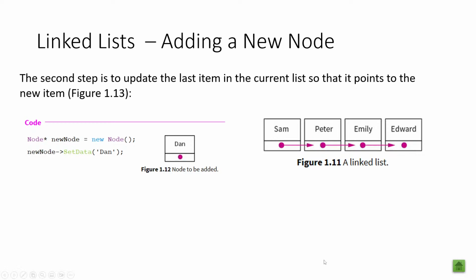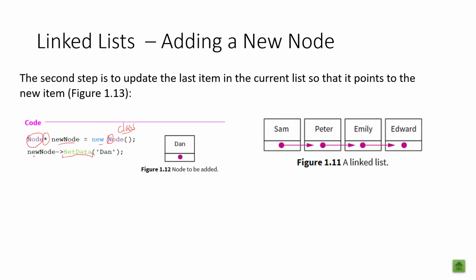So to add a new node, when you see something like this, node star, okay, that means a pointer. So the node class pointer has a new node, and you create a new node. Capital like that means it's a class. And if you remember stuff from object-oriented programming, a class is a template or a blueprint for something. So new node is given the value of new node from the class, which means you inherit all of the procedures or methods, should I say.